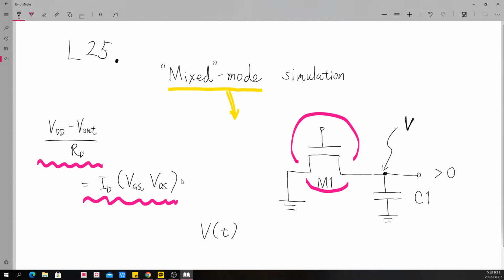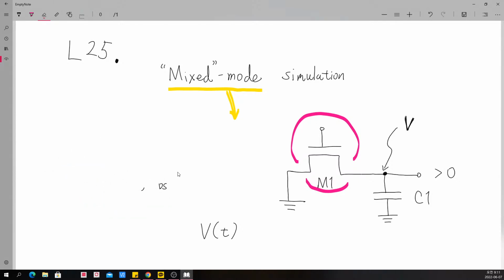In this case, what you have to do now is not this KCL, but you have to introduce a slightly different KCL. That is simply given by, once again, KCL, but here C times C1 times dV over dt. That is the capacitor current, and that should also be balanced with the drain current.